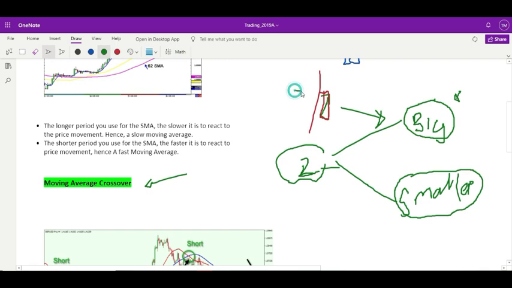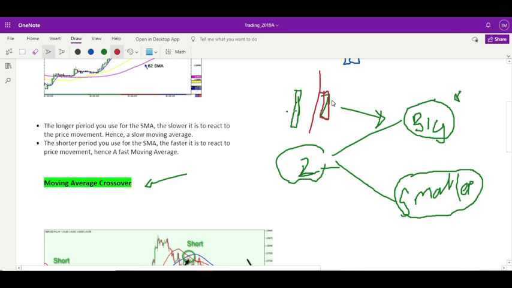This is a very, very important piece of information. Let's say we have a green candlestick here, and this is our red candlestick. A bigger moving average tells us what happened in the past, the prices in the past.